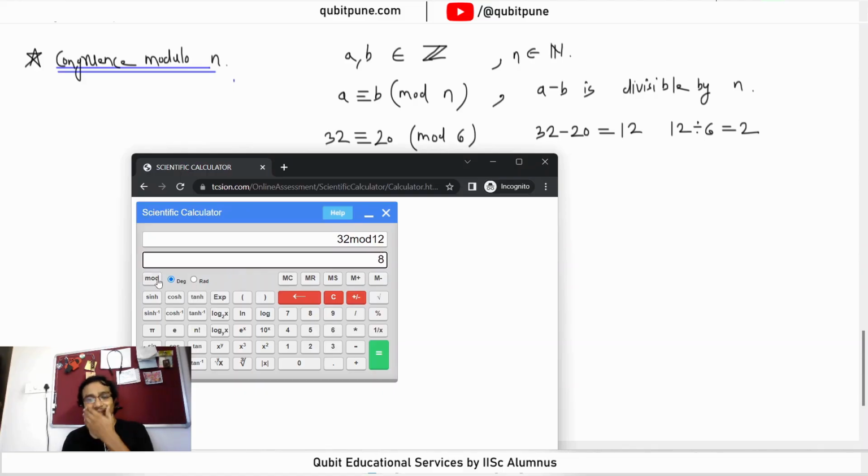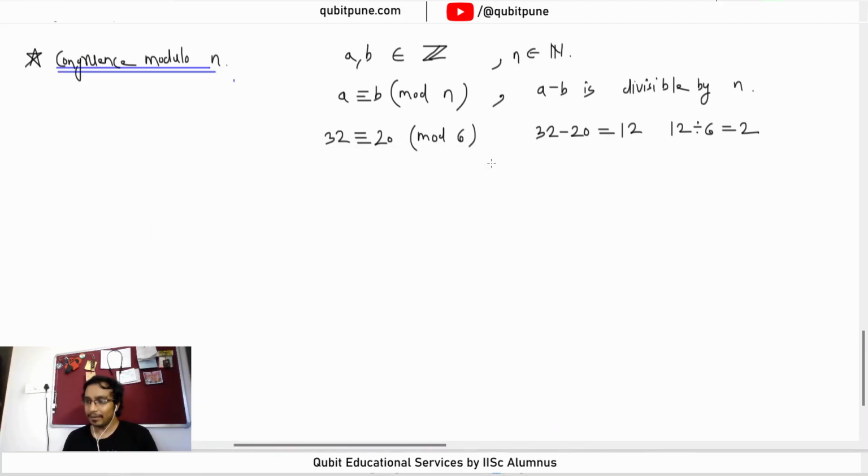That's not modulus. Modulus is absolute value. That's not this. I'm not aware of it. Okay. Possibly. Yeah, so remainder function, what you're talking about. Okay, fine.